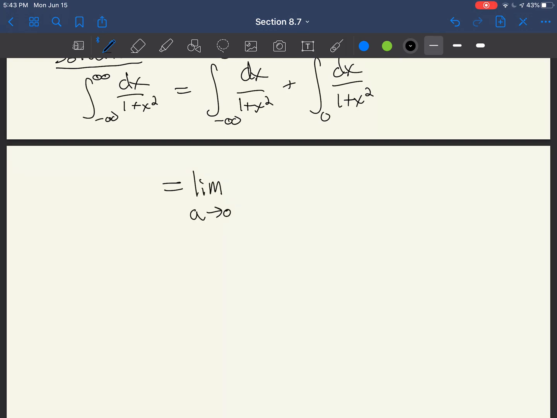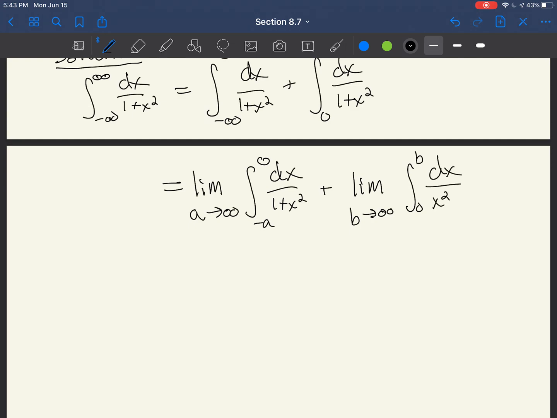Now these are improper integrals, so we write them as limits, in this case the limit as a goes to infinity of the integral from negative a to 0 of dx over 1 plus x squared, plus the limit as b goes to infinity of the integral from 0 to b of dx over x squared plus 1.